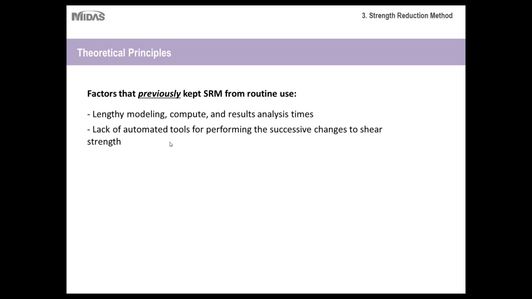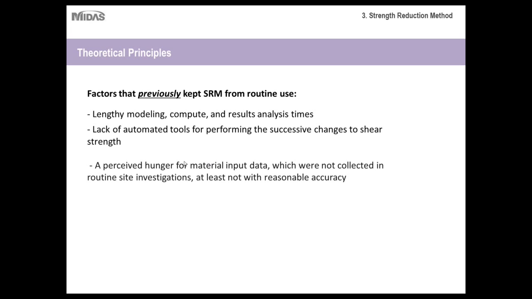Once again, because of automated tools that have been created, the changes to shear strength can be modeled much faster than previously possible. And then a perceived hunger for material input data, which was not collected in routine site investigations, or at least not with reasonable accuracy. That's another thing that kept it back for a while.